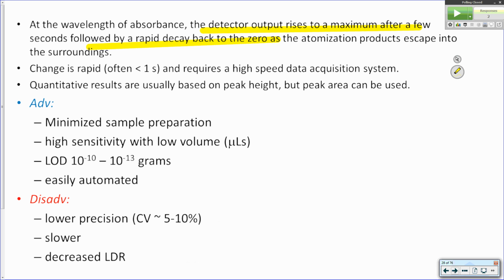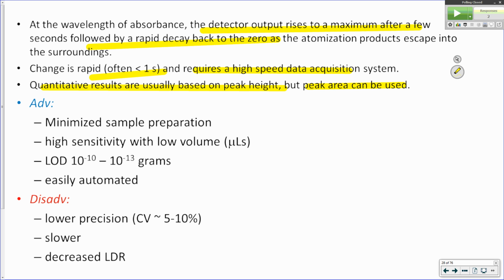Typically, this change occurs in less than a second, so you have to have a fairly high-speed data acquisition system. You want it to sample maybe 100 times a second, so a sampling frequency of 100 hertz. And typically, you look at peak height, but you can also do the analysis based on peak area.